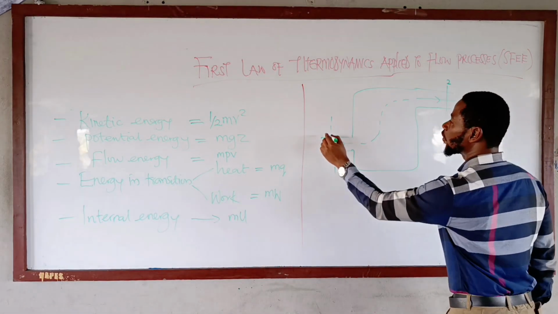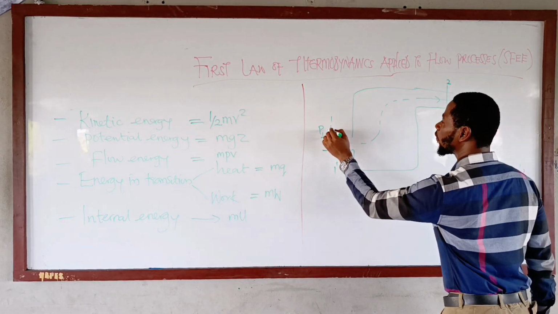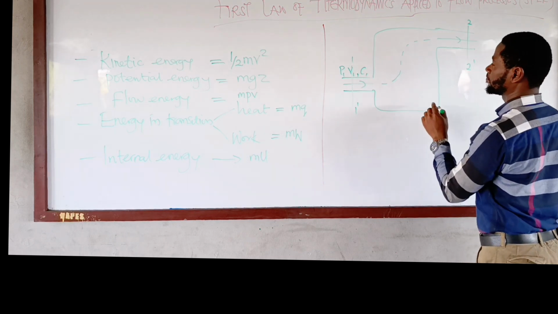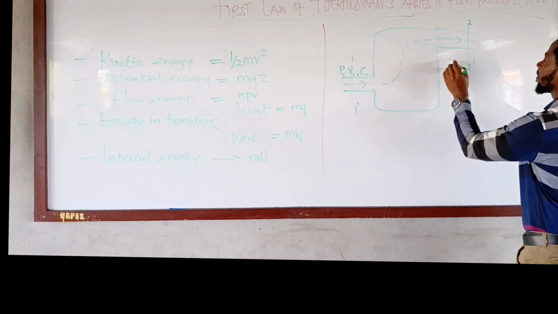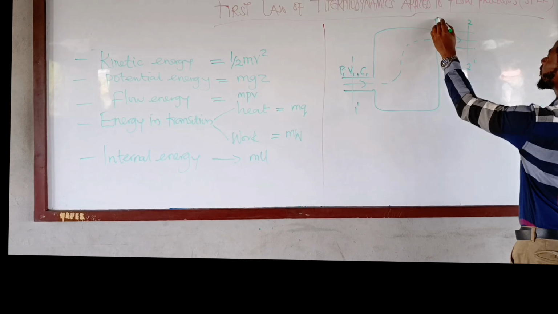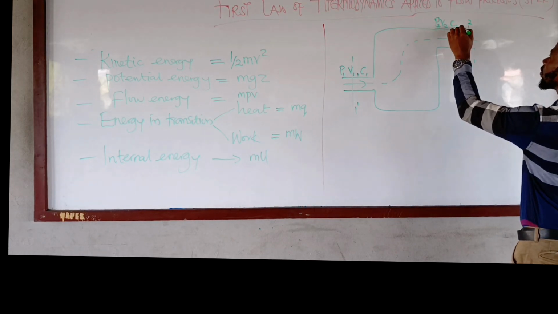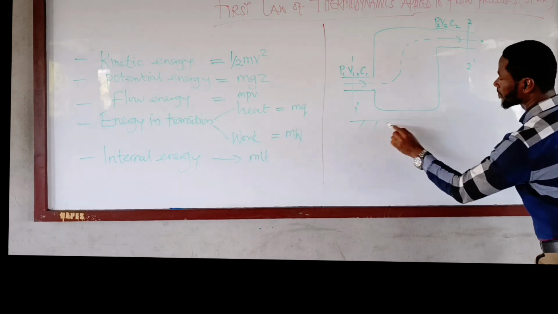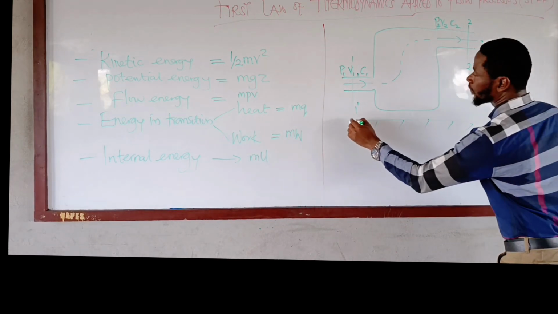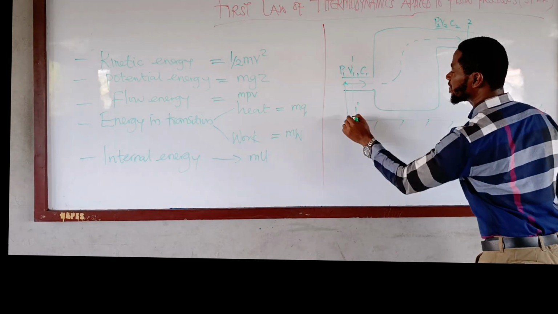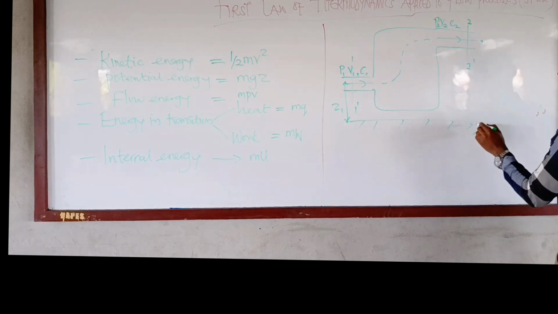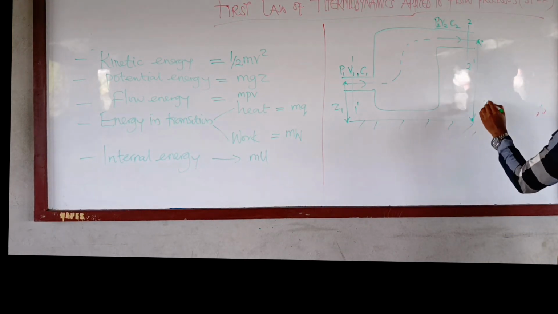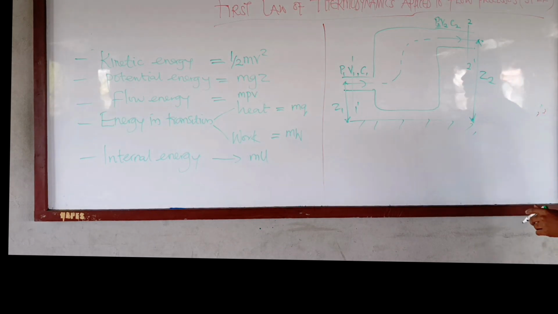At this level, we have P1, V1, C1, and the same thing here, we have P2, V2, C2. Then from this point, this is the datum line. From this point to this point, this is Z1, and from this point to this point, we have Z2.